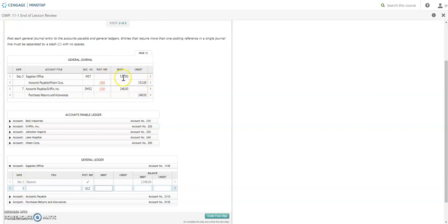Then I'm going to look and see I have a debit of $532. I have a debit and a debit, so I'm going to add. My new balance then is a debit of $3,480. My account number 1145 will go back up.